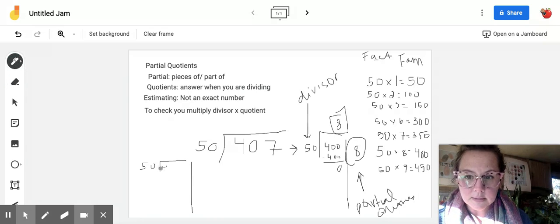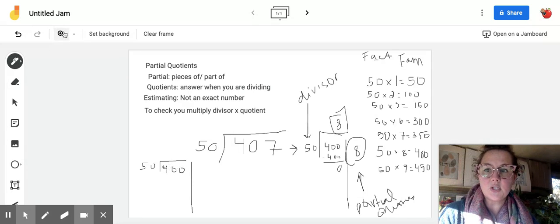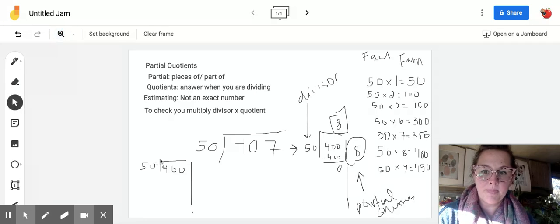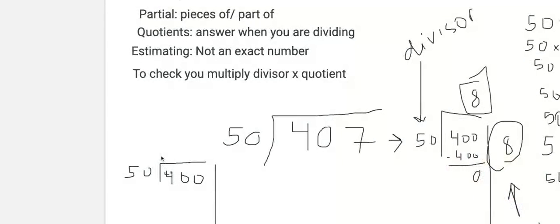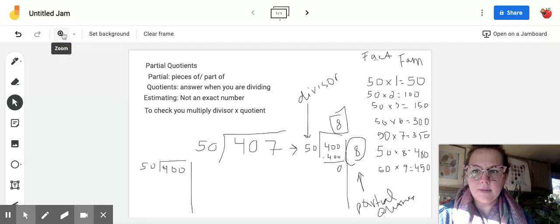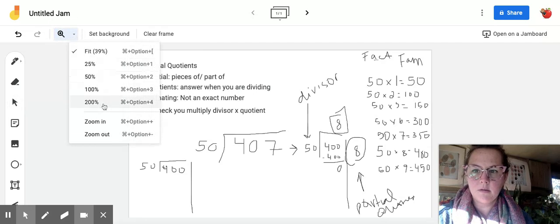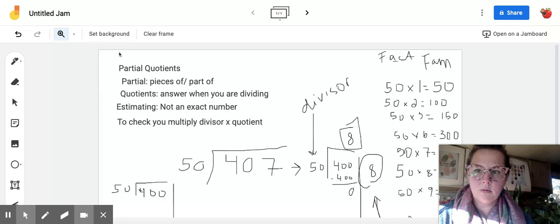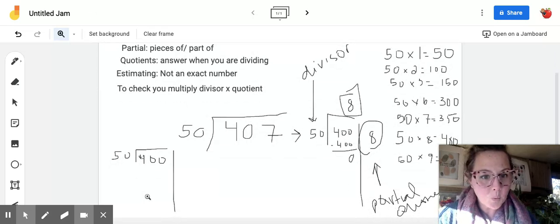This has got to look good so that you can understand what you are doing. Now, one way for me to do this, especially on Jamboard, is I'm going to zoom in. Okay, there we go. Let's see if I can do that a little bit better. All right, we'll work there.